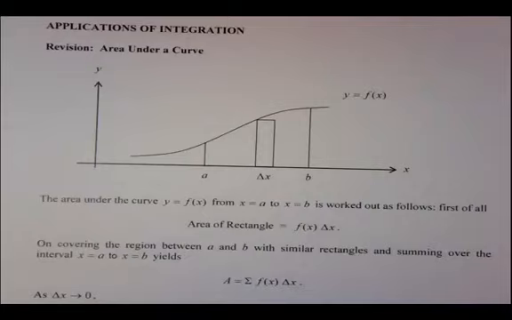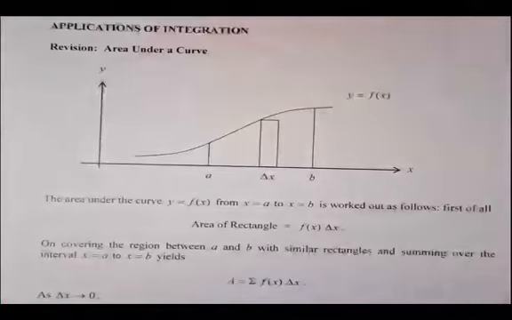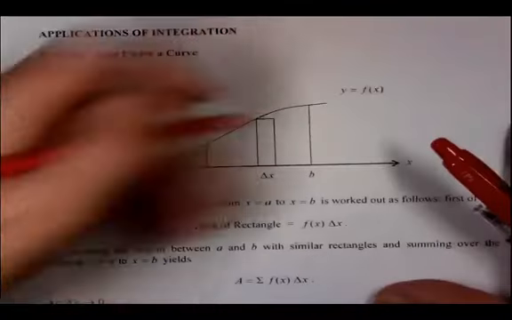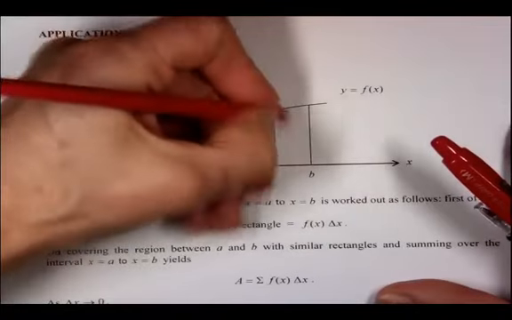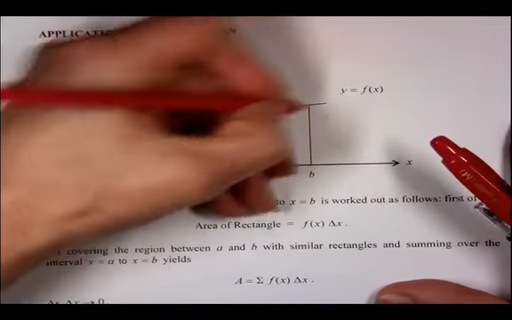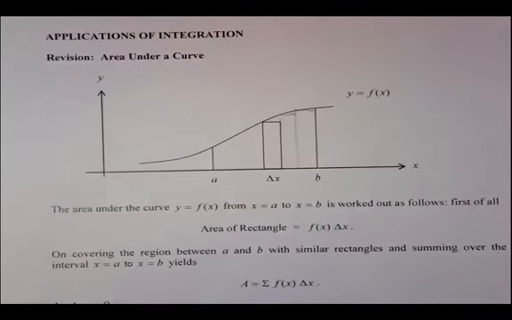We can do that by putting a whole lot of little rectangles in. You can put them under the curve or wherever. If you work out the area of all the rectangles and add them up, you'll get an approximation to the area under the curve. If you make the rectangles narrower and narrower, so you have more and more of them, it becomes a better approximation.